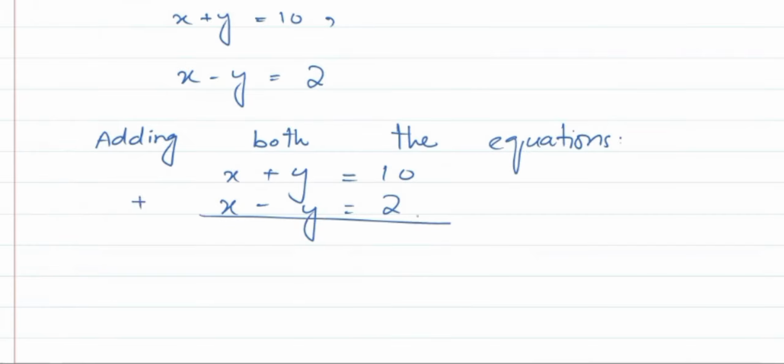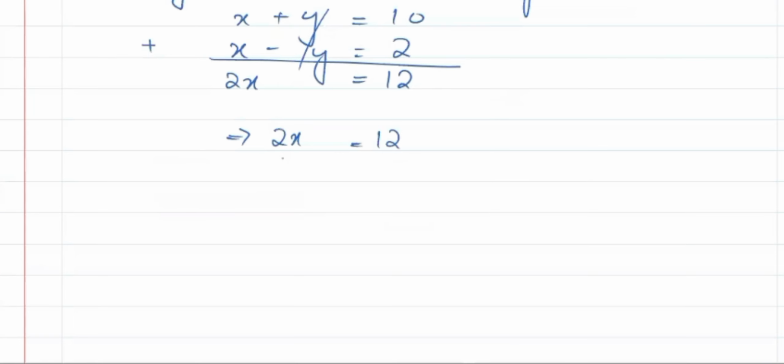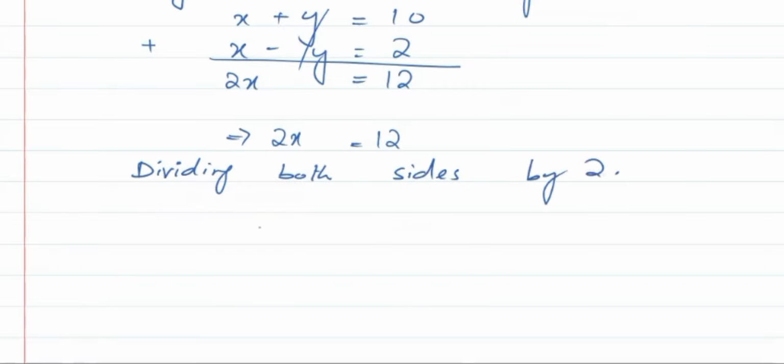Let's add these equations. This is 2x, this is 12. So 2x equals 12. Now dividing both sides by 2, 2x by 2 equals 12 by 2. So the value of x is 6.